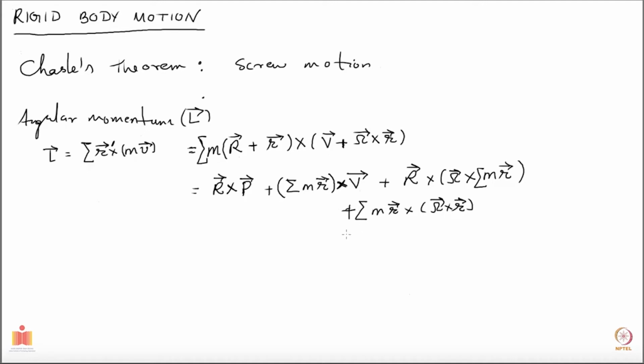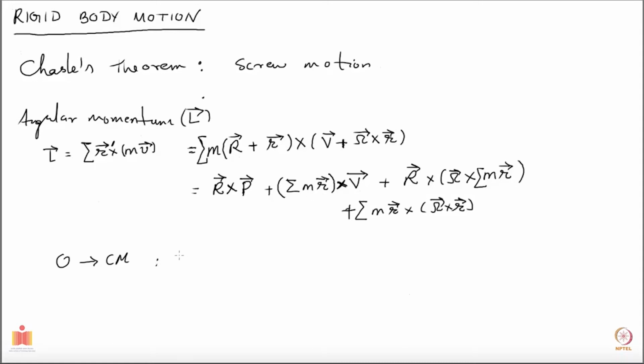Now if I take the origin of the body system to be at the center of mass of the body, then because this small vector r is relative to that origin, the summation over m r will give you the location of the center of mass, which will be 0.